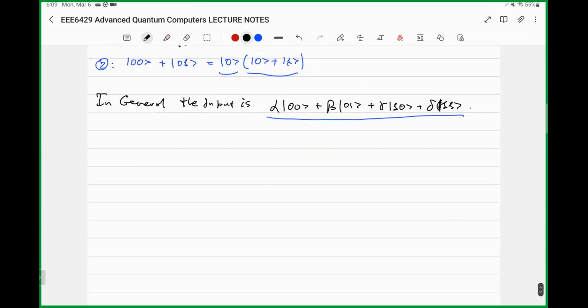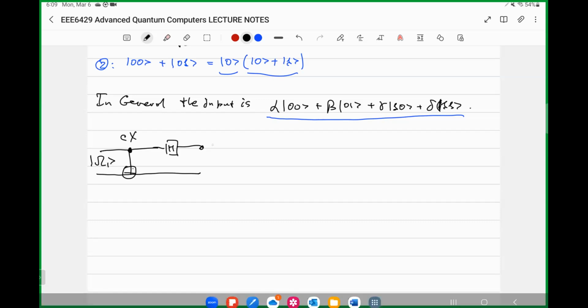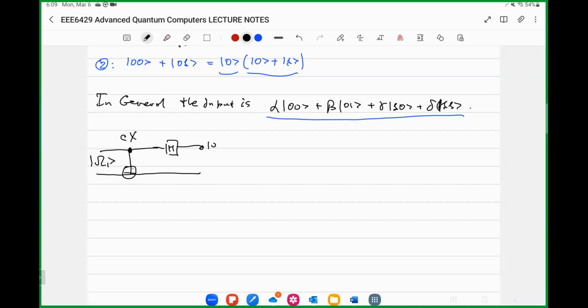So if I reverse the initial circuit, meaning that I first apply the CNOT gate and then the Hadamard gate, and my input is the Bell state, what will be the output? It will be state 0, 0.